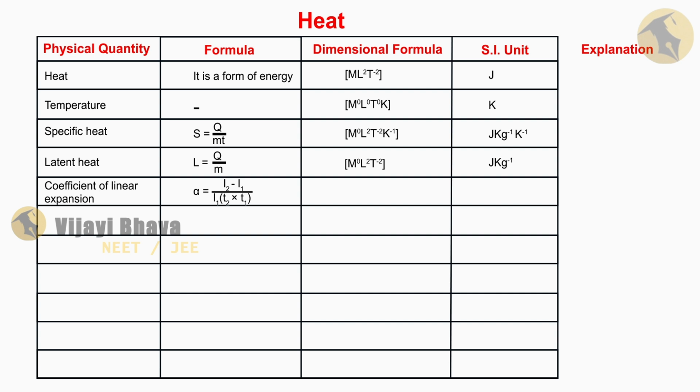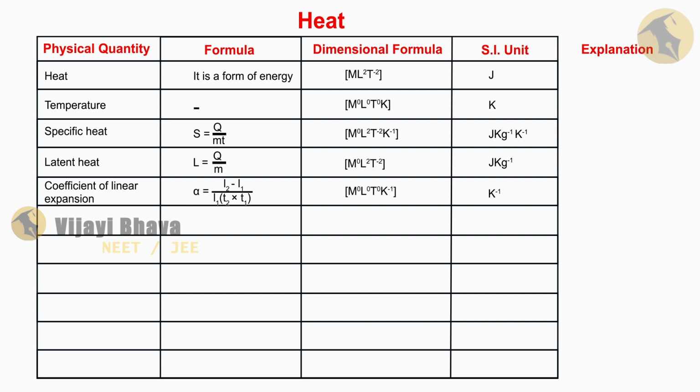These two quantities get cancelled and the difference of temperature T2 minus T1 will also be temperature, which will have a dimensional formula K1. When it comes to the numerator, it becomes K minus 1. Thus, coefficient of linear expansion has a dimensional formula M0, L0, T0, K minus 1.